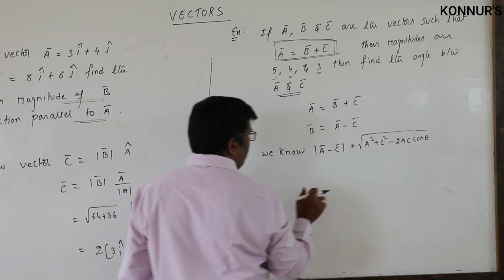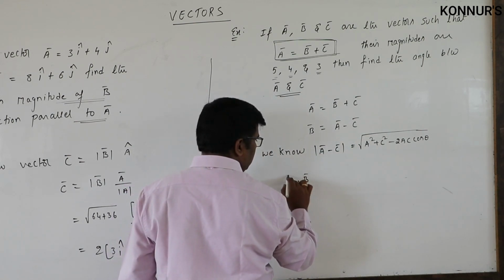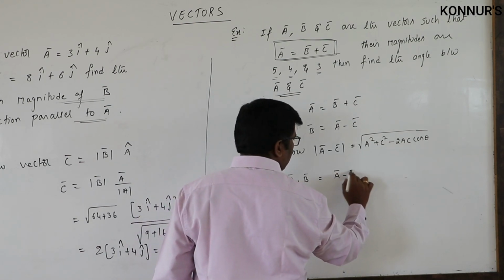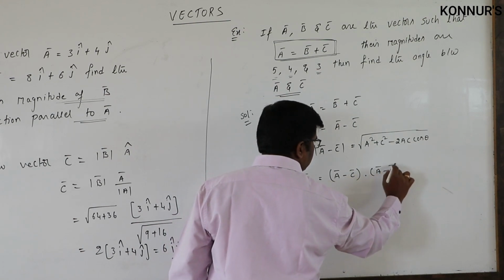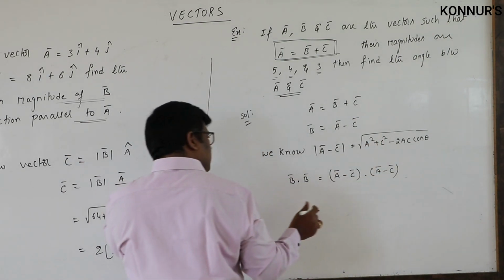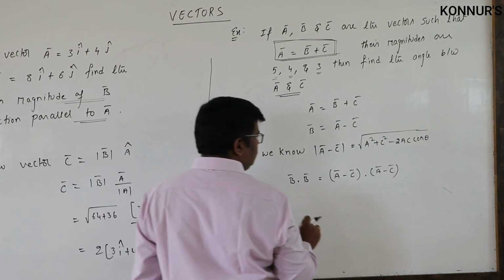B bar dot b bar equals a bar minus c bar dot a bar minus c bar. We do this so that we can eliminate the square root, and the cos theta can be obtained again.